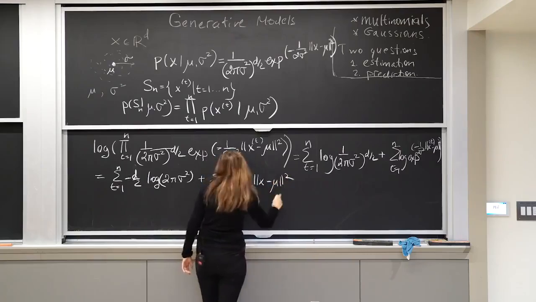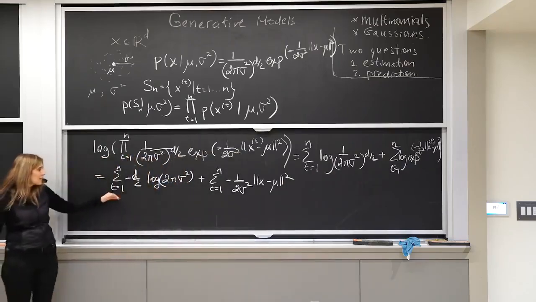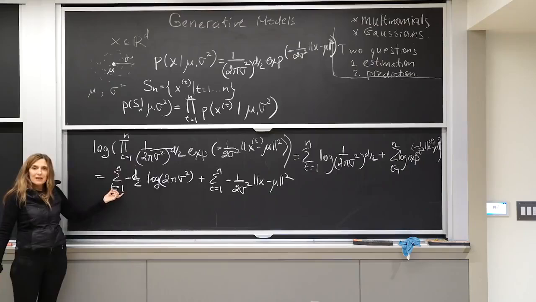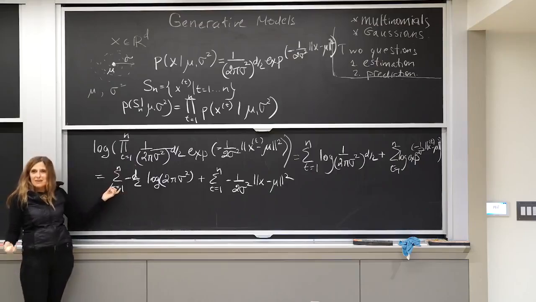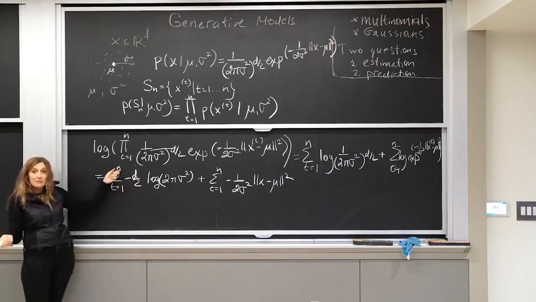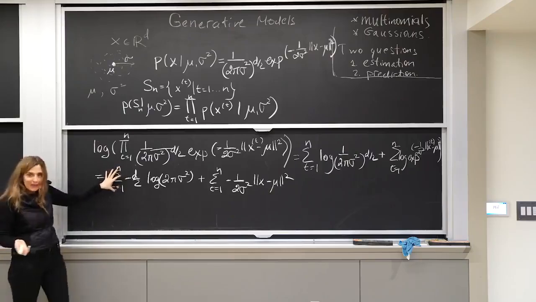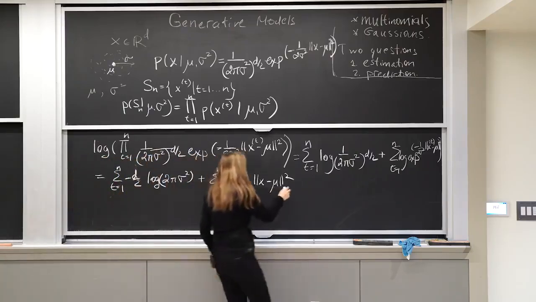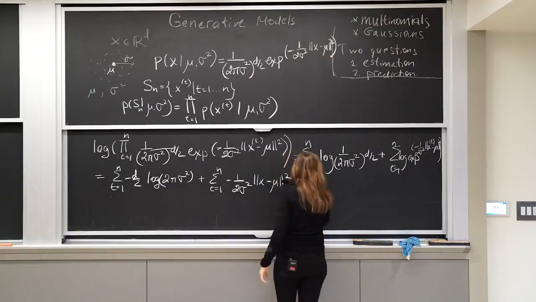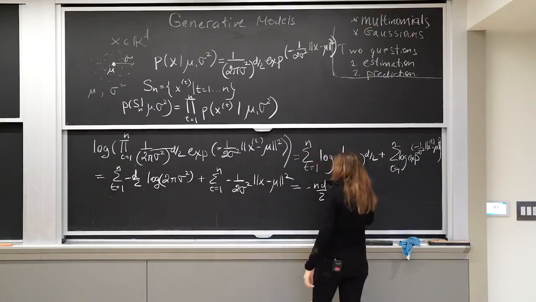xt minus mu squared. Okay, so the first thing to notice is that here we are not having any dependence on t. We're just going to sum up this expression n times, so instead of writing the sum, we can just multiply it by n. So here we're going to get minus n d divided by 2, and I would keep this log as it is.